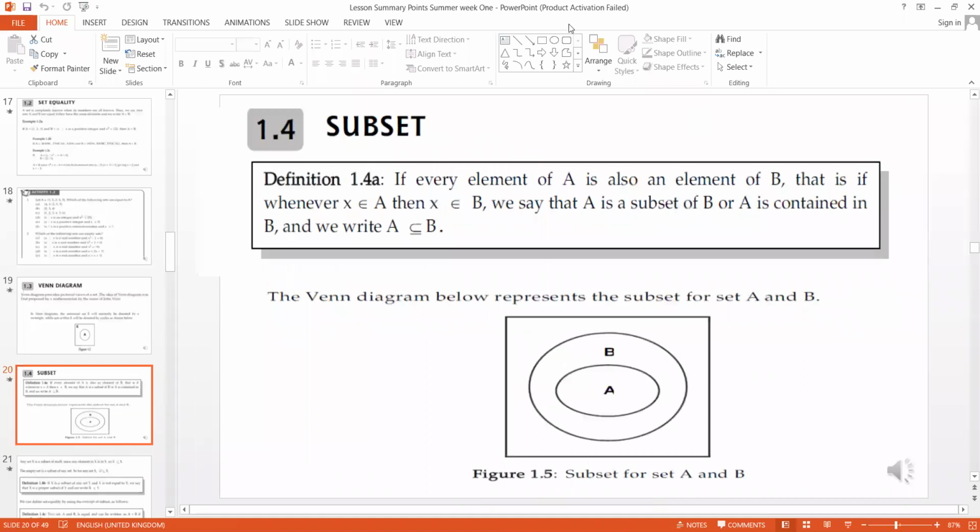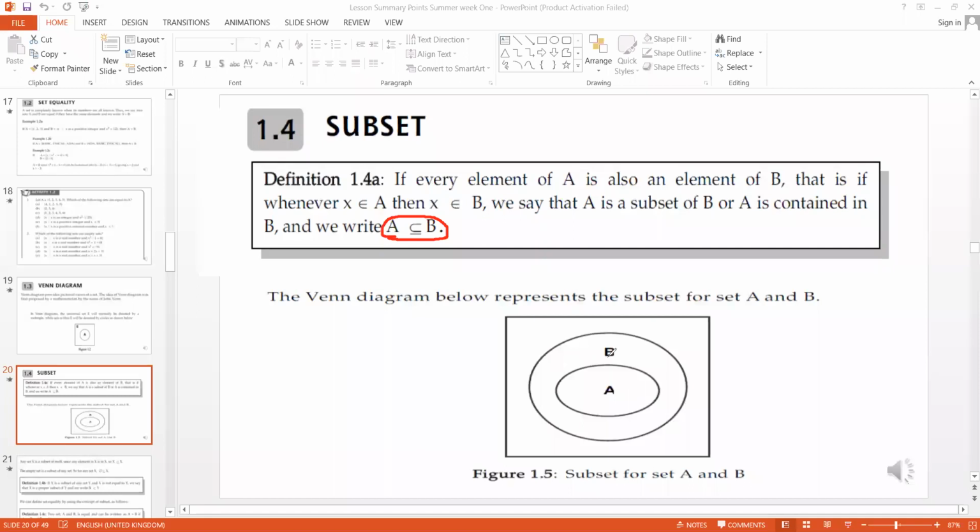In Venn diagrams, we have what we refer to as subsets, okay? A subset is a set which is smaller or is contained in another set. So given the sets A and B, where A is contained in B, you can represent that as A here and then B up there.